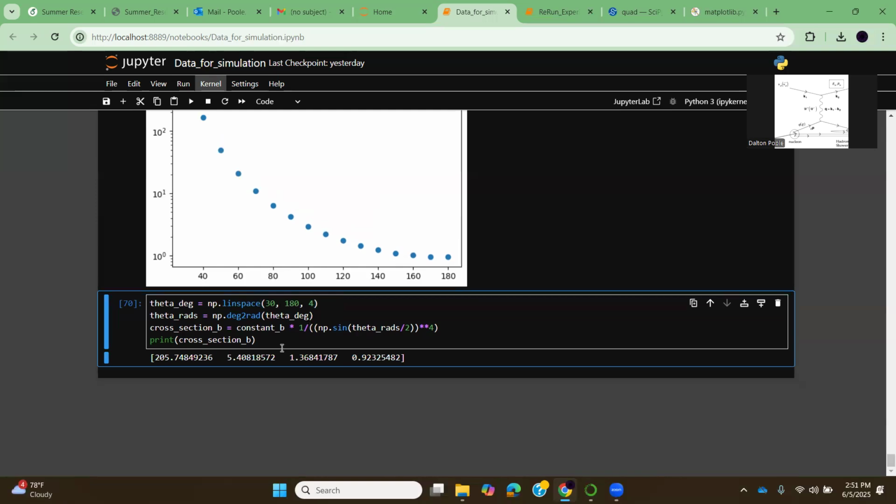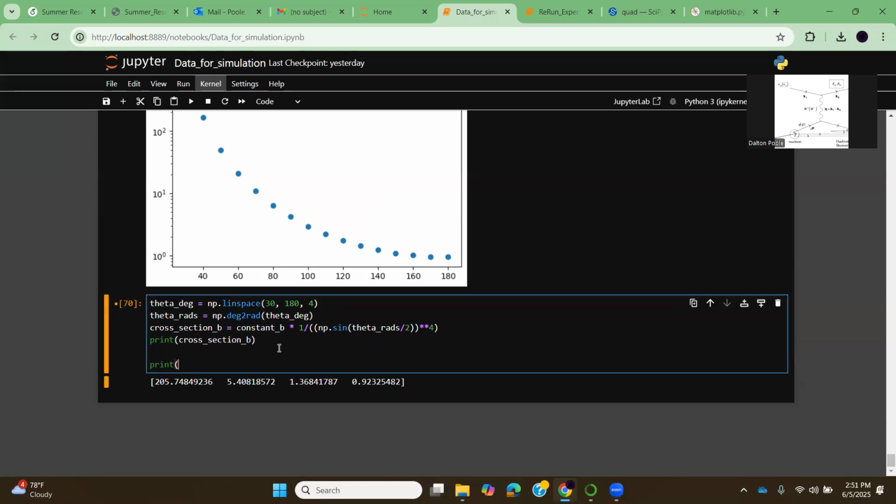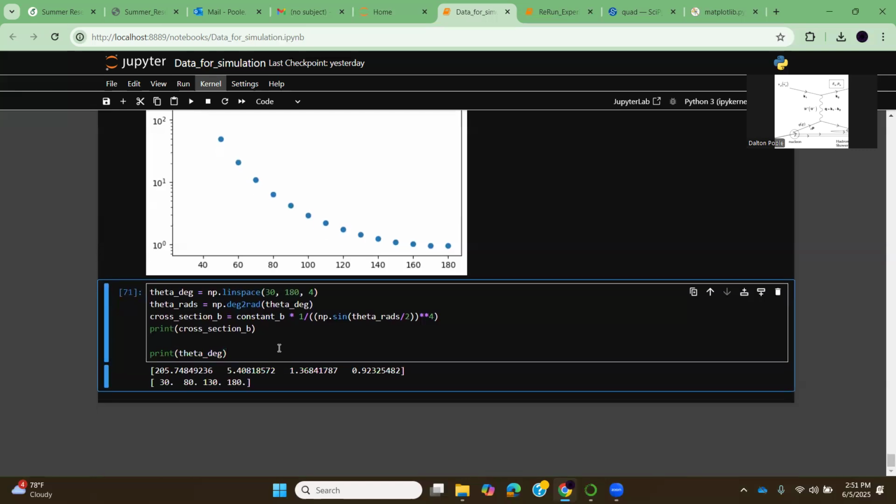Actually, print my array to make sure it's giving me the right values. 30, 80, 130. So I'm close. Wait, so 5 should do it.